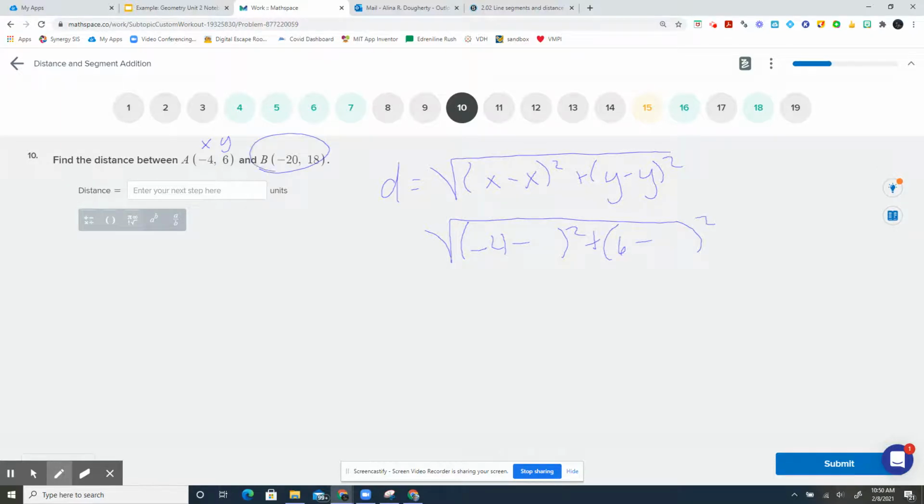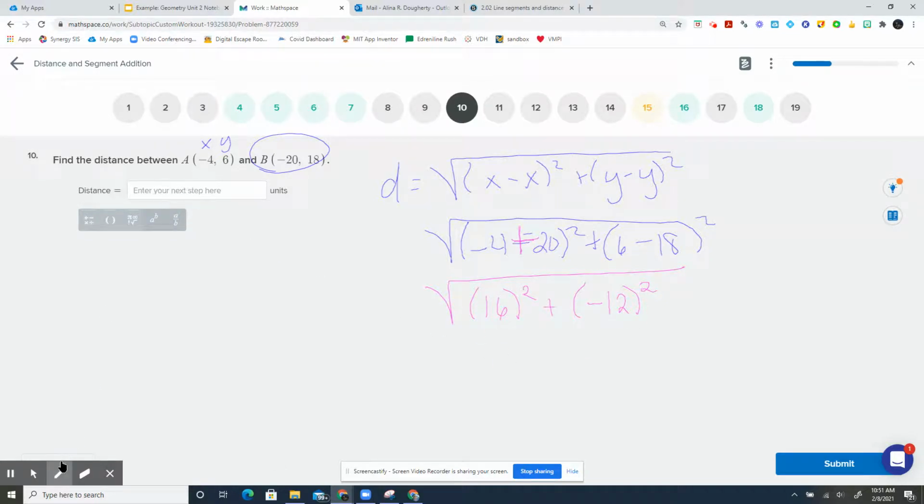And then I'm going to do my second set, minus -20 and minus 18. This turns into a super plus because a negative minus a negative is a plus. And then I can do -4 plus 20 is 16 squared, plus 6 minus 18 is going to be -12 squared. And that's definitely going to need some calculator help.